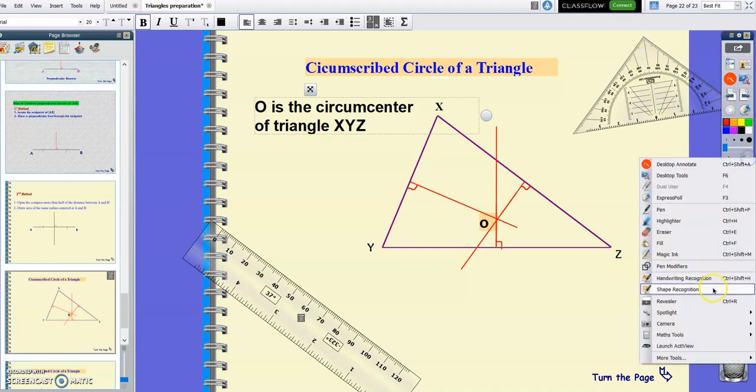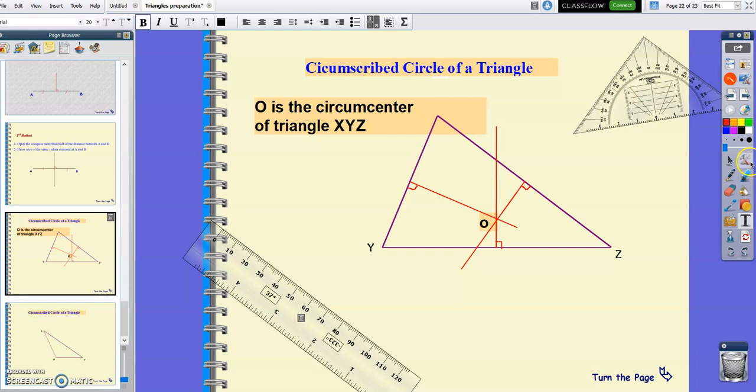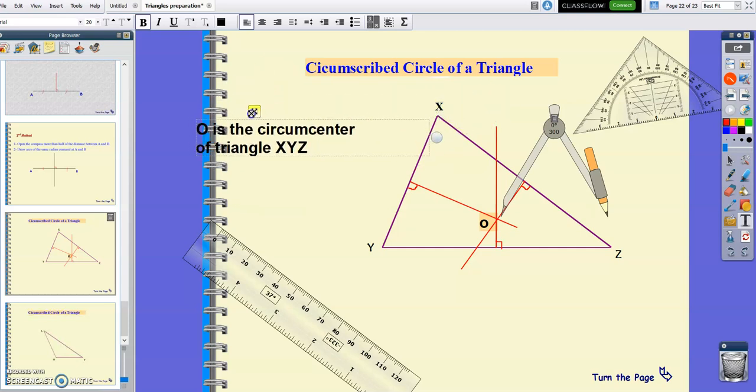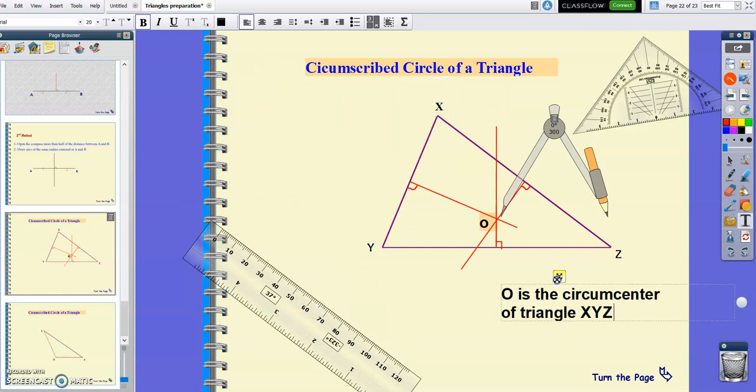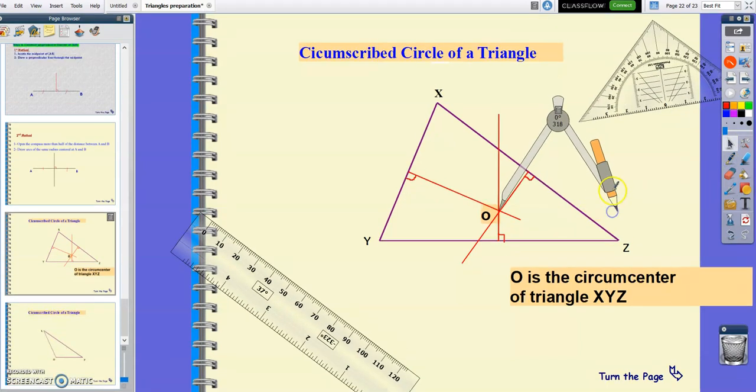Now we will try to draw a circle using the compass. So we will put the compass on the point circumcenter O, and the radius will be OZ, like that.